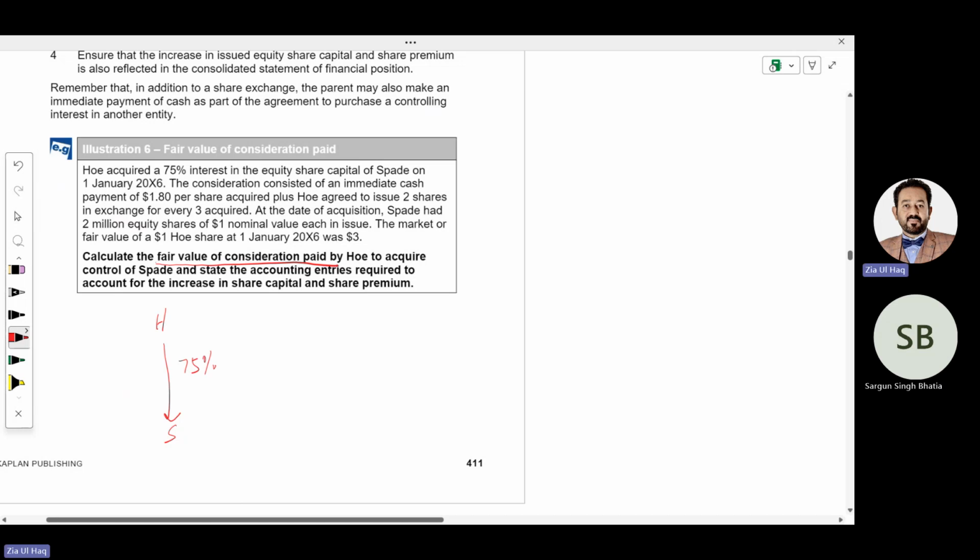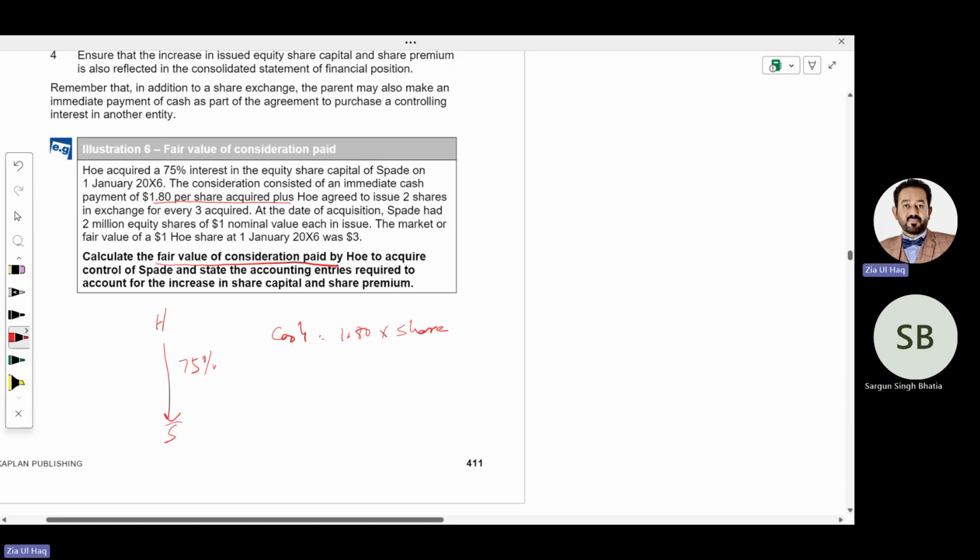The consideration consisted of an immediate cash payment of 1.80 per share. Mean the cash will be 1.80 into how many shares you have bought.